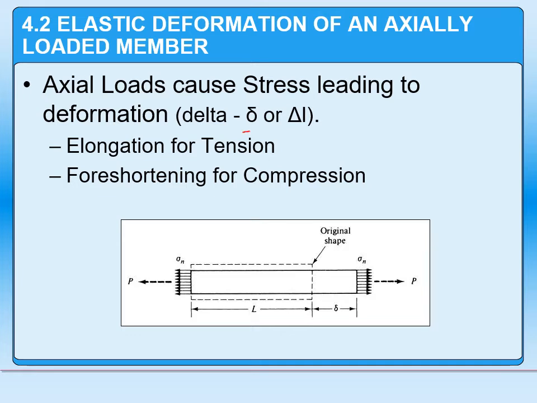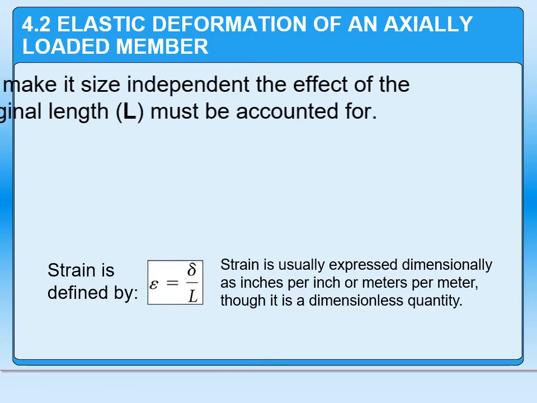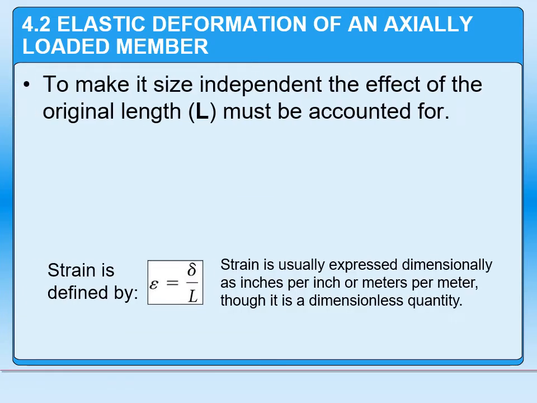This is the Greek lowercase delta, or we sometimes use the Greek uppercase delta, so delta L, or change in length. In terms of the deformation, we're going to have elongation when something's in tension. If you pull on something, it's going to get longer. On the other hand, we're going to have foreshortening if it's in compression. If you press on something, it's going to get shorter.